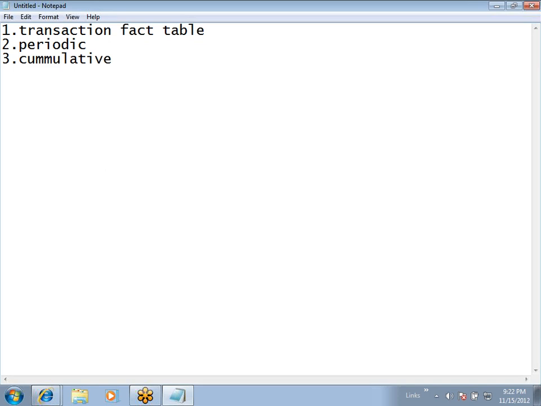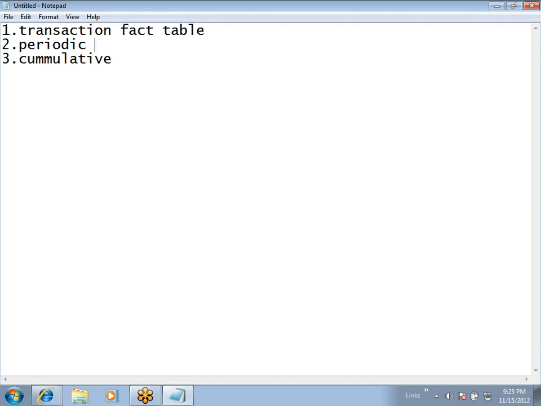In the transaction fact table, what we are going to have is: we deposited some amount in a bank, and once we deposited some amount, we withdrew some amount, we transferred some amount, we did a balance inquiry.